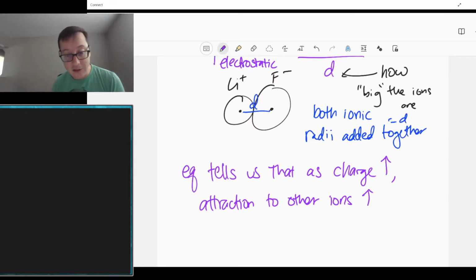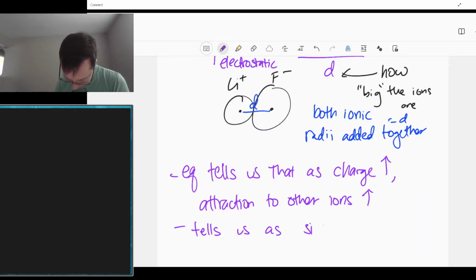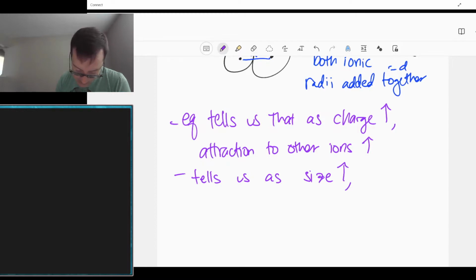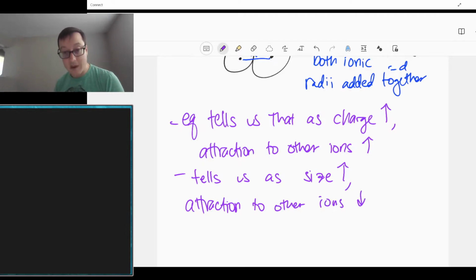That's what the electrostatic force is. And it also tells us as the size increases, the attraction goes down. So we have the opposite case here.